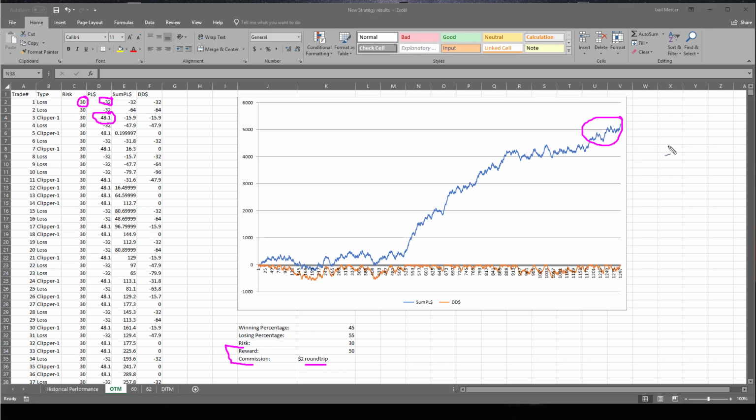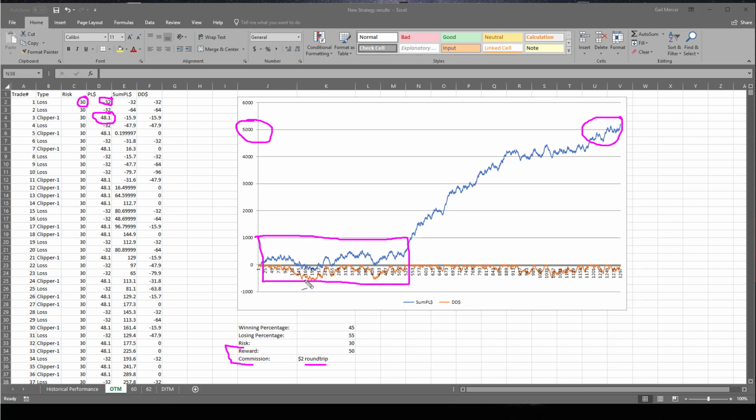Now, anybody would agree that this is a profitable trading strategy. And you can see that because this is how much you would have made if you had stuck with the strategy. But this is where most traders fail. You can see between here, and that's trade 1 to just about trade 530, that it makes a little bit of money, gives it back.